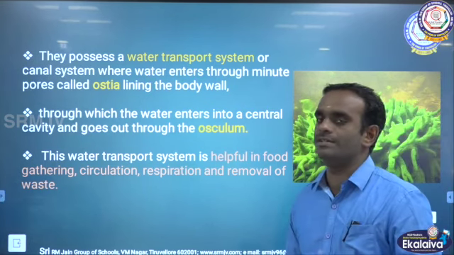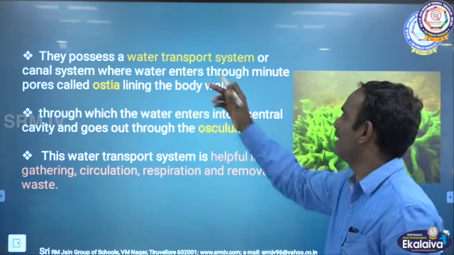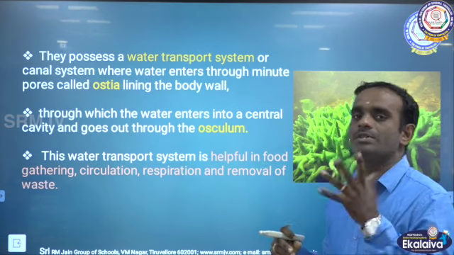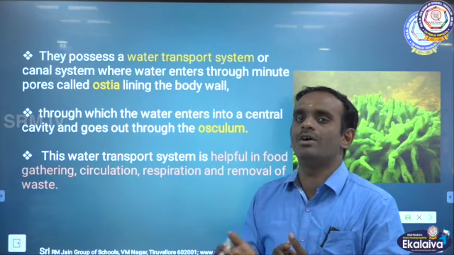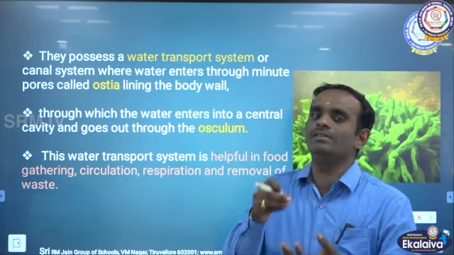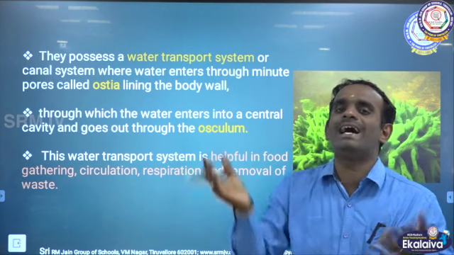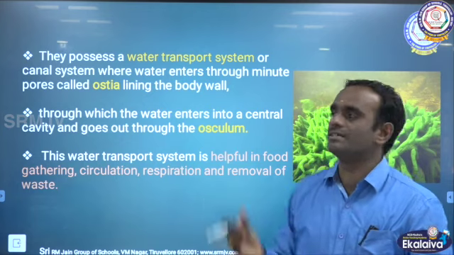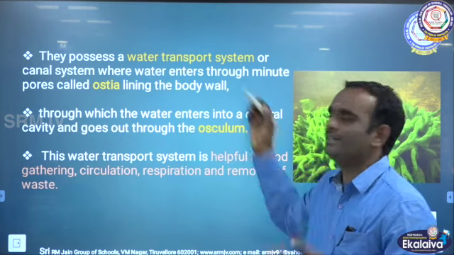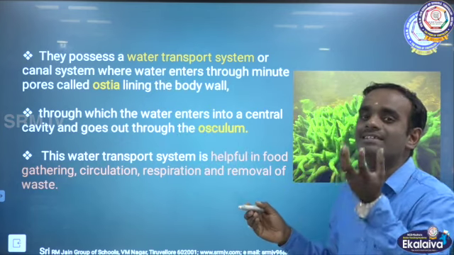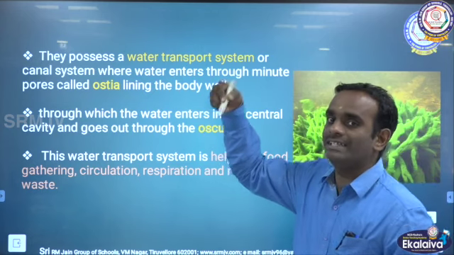And sponges possess a water transport system. So, there is no tissue, no organ, only the cells. Even though the cells are present, they are not clumped. The cells are loosely arranged. They are scattered. So, they have a water transport system or canal system where water enters.